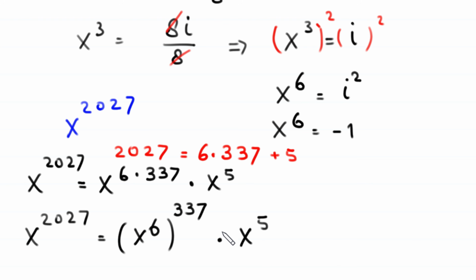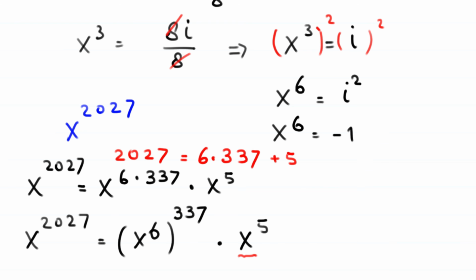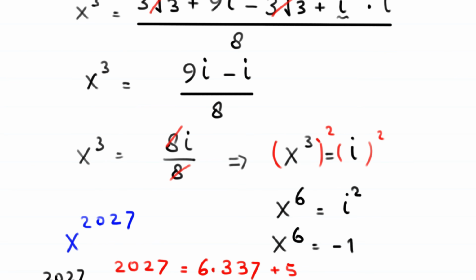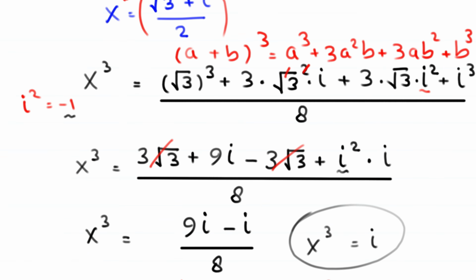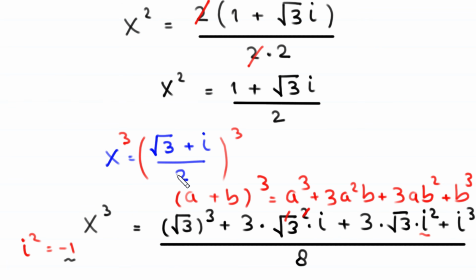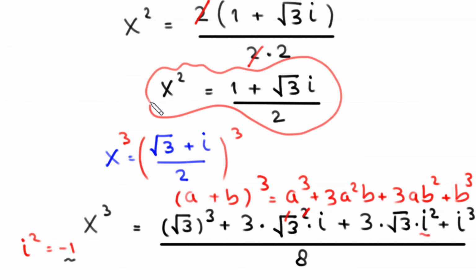Now we calculate the value of this x to the power 5. To calculate the value of x to the power 5, we multiply this equation x cubed equal to i by this equation x squared equal to 1 plus root 3 i over 2.